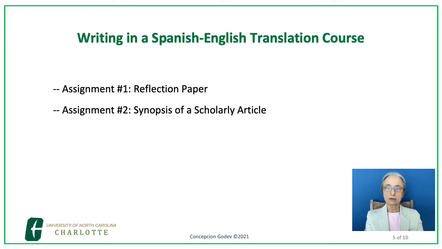Both assignments provide students with the opportunity to experience writing as a process where they can receive individualized feedback for subsequent improvement. The purpose of these writing assignments is to develop writing skills in English while framing the writing within the field of translation studies.